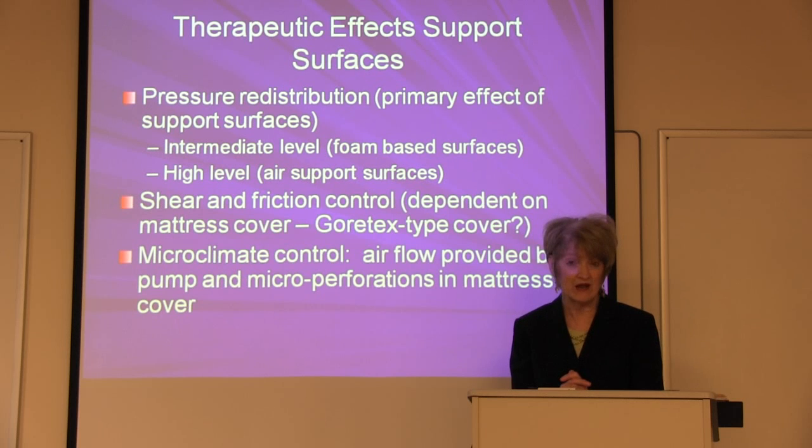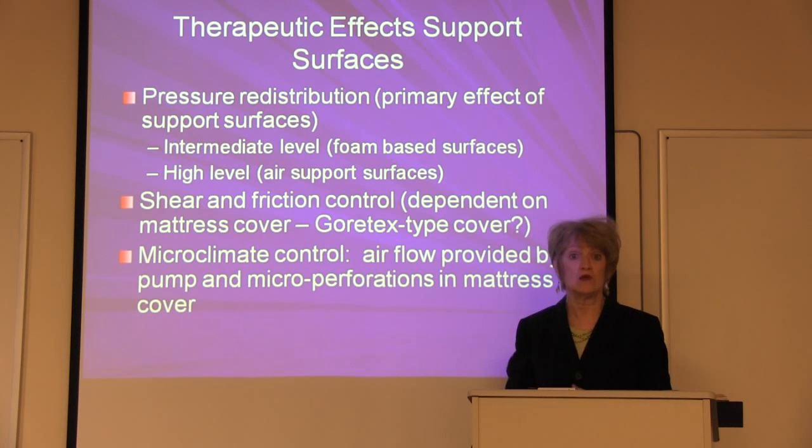We don't really have that on the market yet. It probably is coming. But in the meantime, you can literally look and feel the surface of the mattress, and you can also ask the vendor, does this device provide shear and friction reduction, and what data do you have?